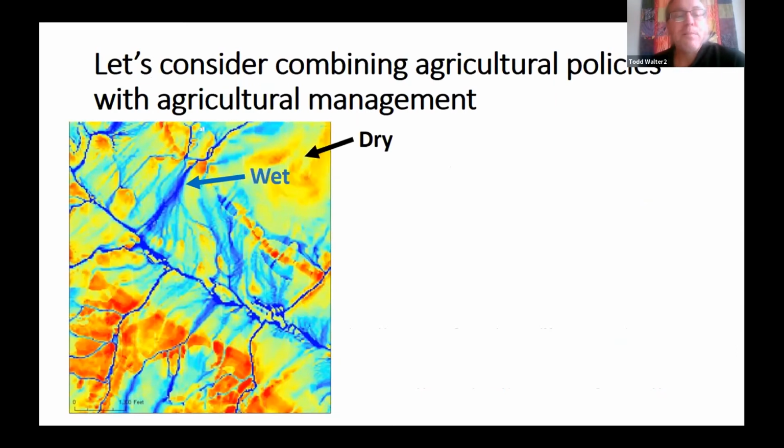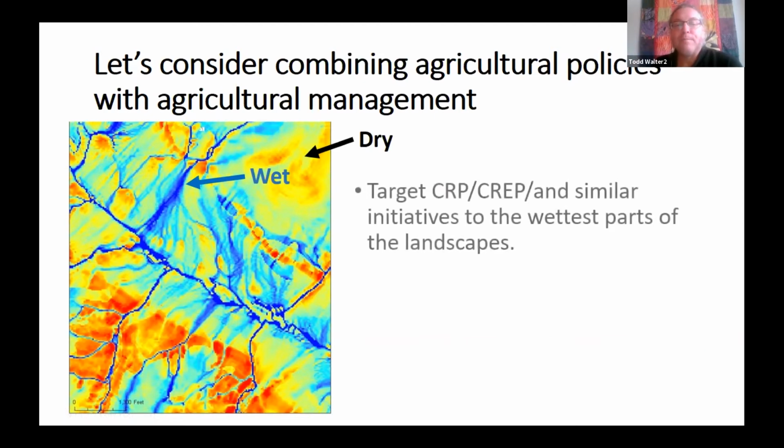Okay, and so here's a picture, and this goes back to Bill's point. This is a very local picture here. This is a Cornell research farm, actually, and we've mapped out the wet areas in blue and the dry areas in orange and yellow, and we've used tools that several people on this call are familiar with.